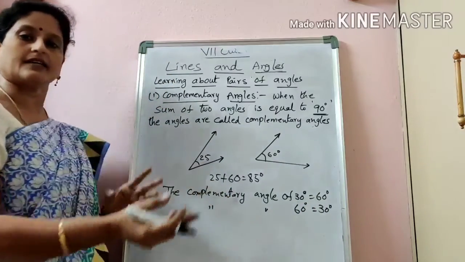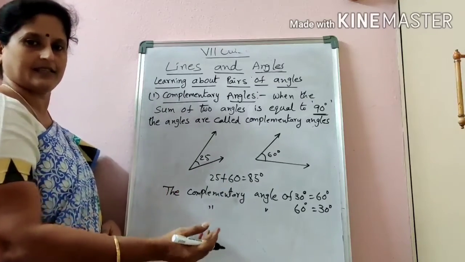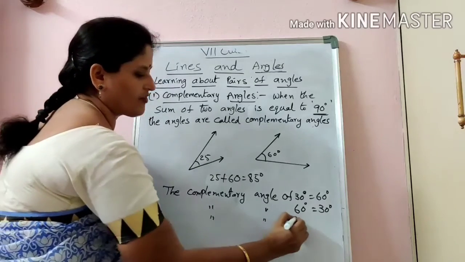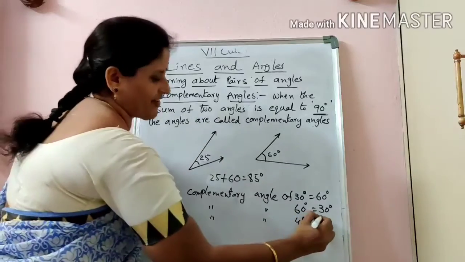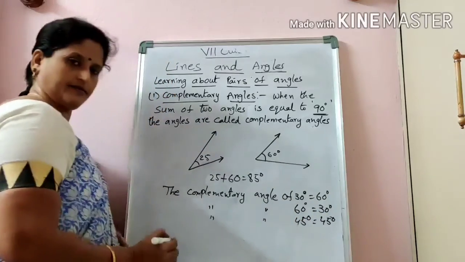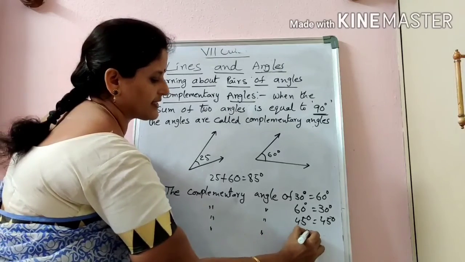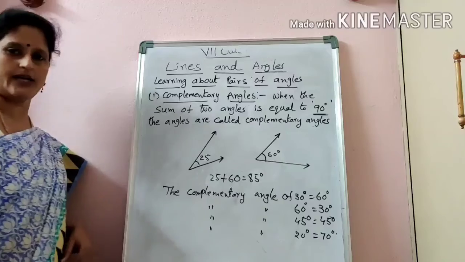Another example: the complementary angle of 45 is 45. The complementary angle of 20 degrees is equal to 70 degrees. Okay, understand?